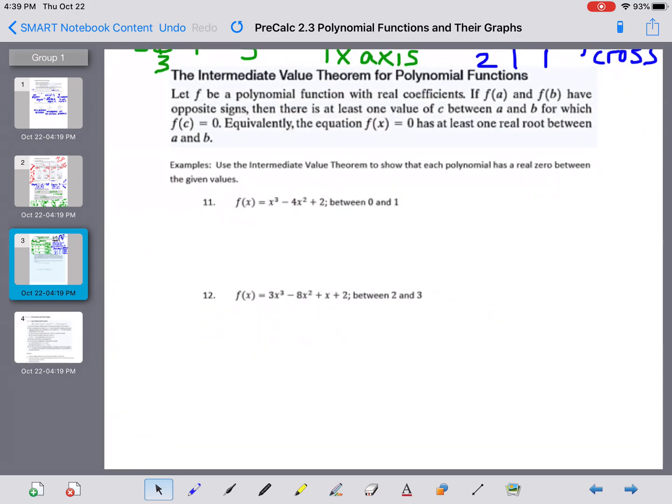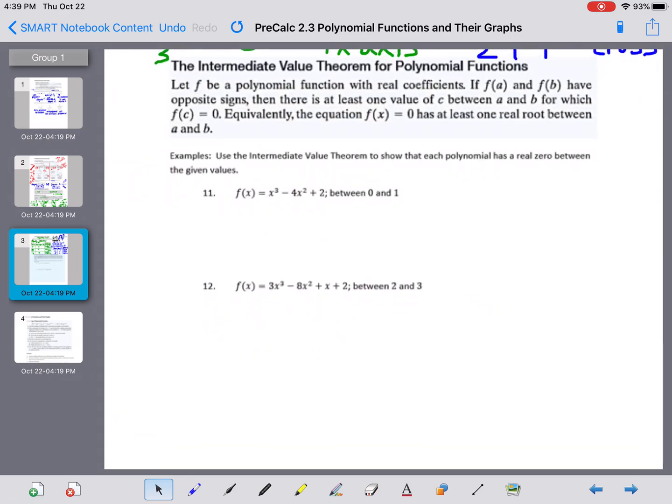All right, intermediate value theorem for polynomial functions. To be honest, I don't know how many times we use this, but what this can tell us is, should I be able to find a root somewhere between here?